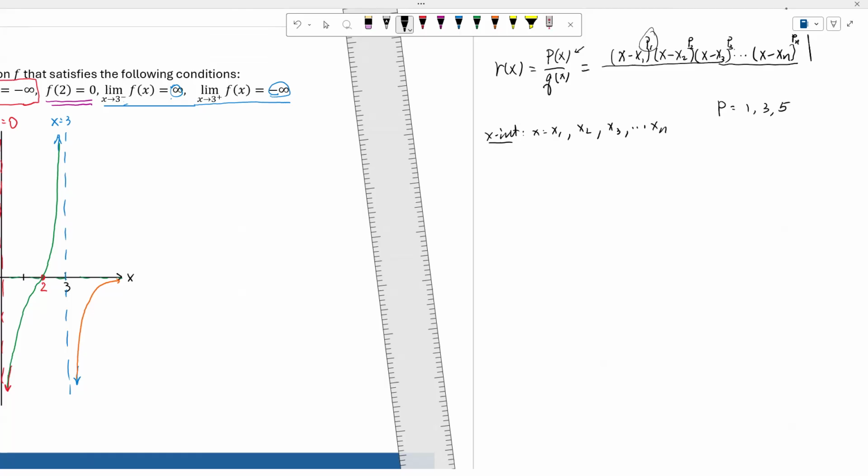Or maybe let me talk about 1 first. Then basically the function will cross the x-axis, just a straight cross, okay. And then if it is 3, if the power is odd, 3, 5, okay, then when it crosses the x-intercept that we have, it's just like a chair, okay.